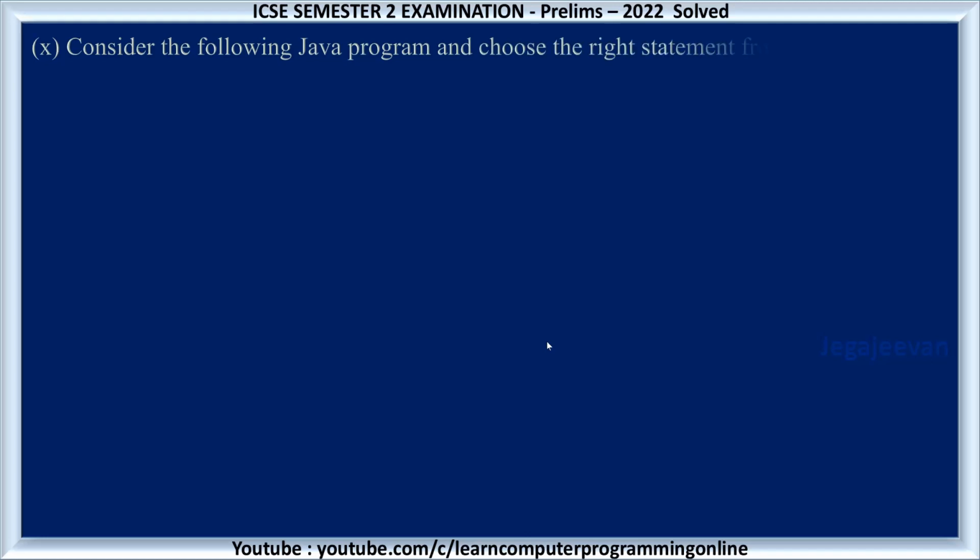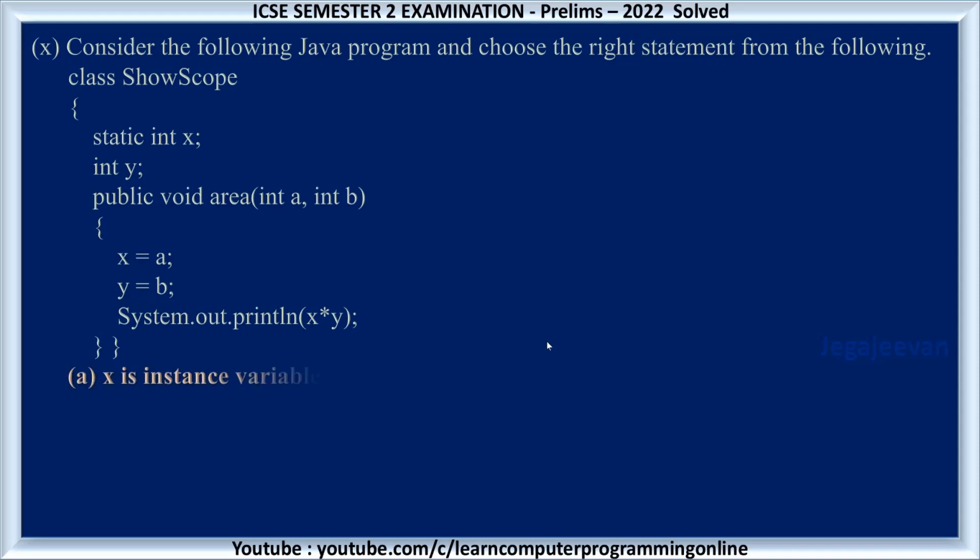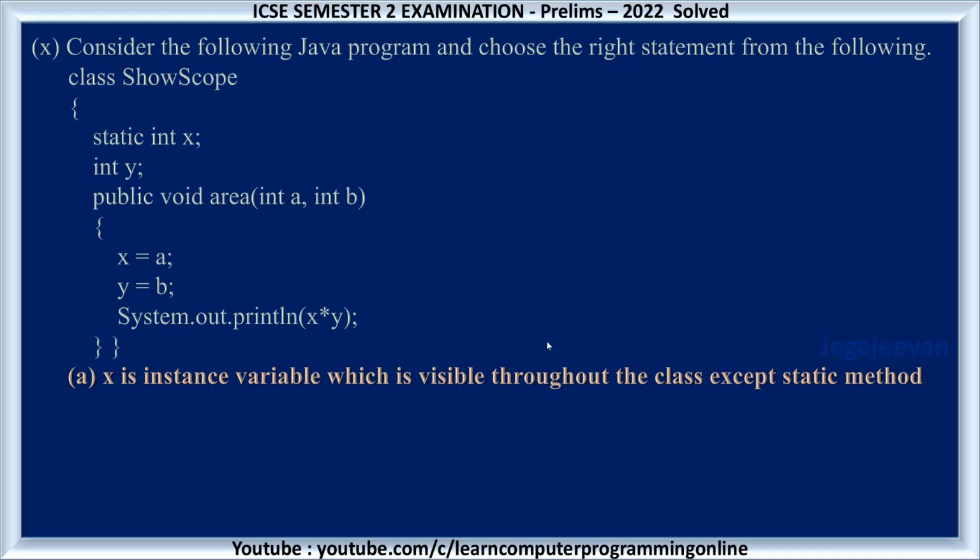Consider the following Java program and choose the right statement from the following. A class is created with static int x, int y, and public void area of int a comma int b, where x is equal to a, y is equal to b, and System.out.println of x into y. So the program gets closed. Option A: X is an instance variable which is visible throughout the class except static method. Static int x is a class variable which is visible anywhere inside the class.